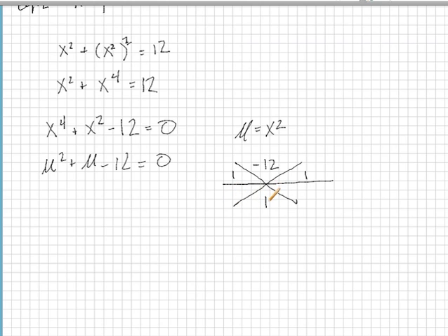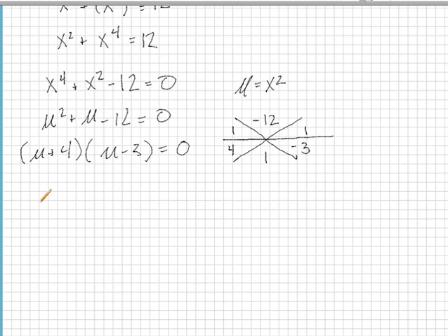The bottom is positive, so we want the bigger number to be the positive number and the smaller number to be the negative number. So this factors into u plus 4, u minus 3, and that is equal to 0. So the solutions of this are u equals negative 4 and u equals 3.